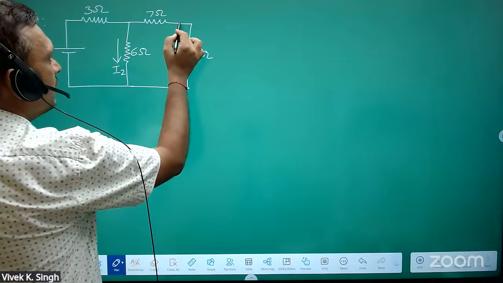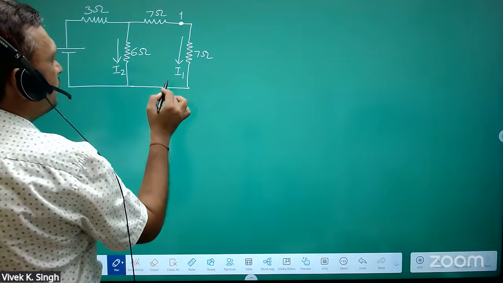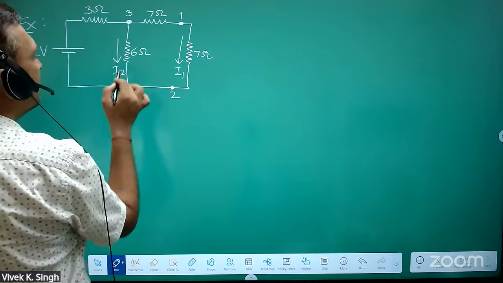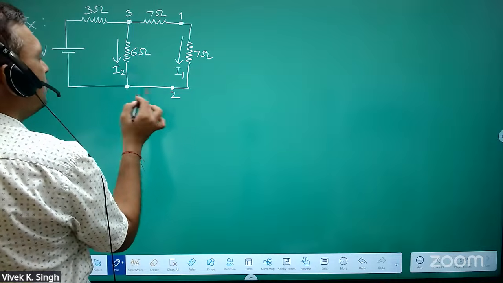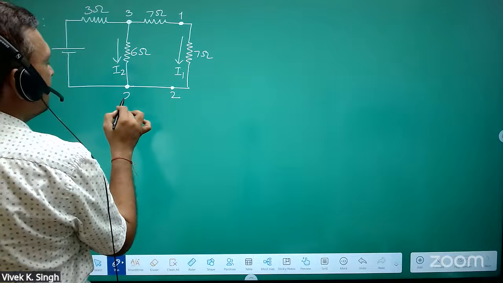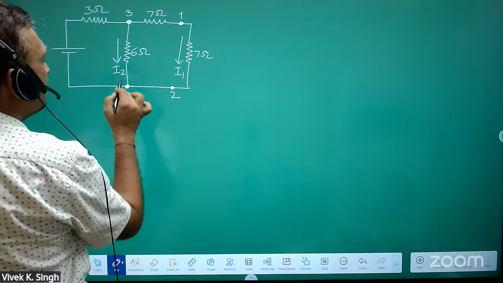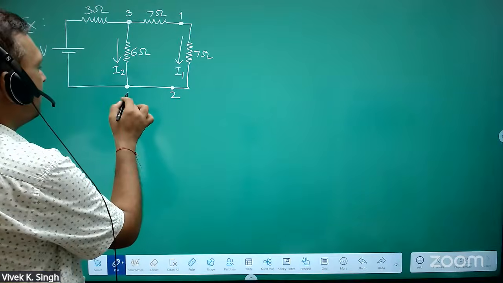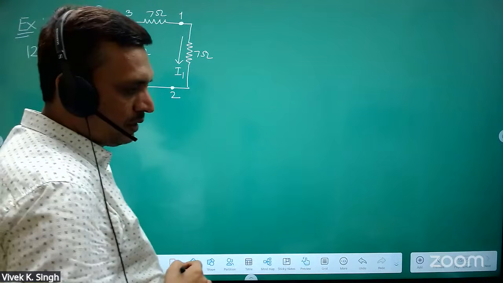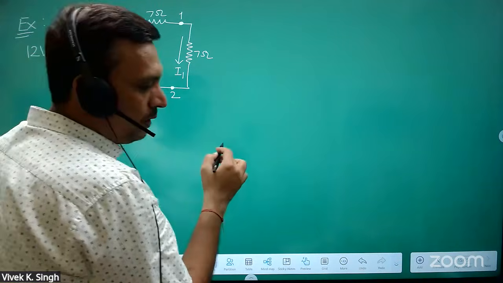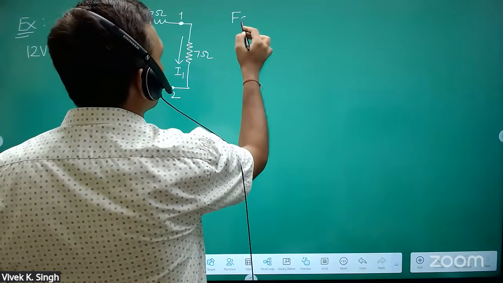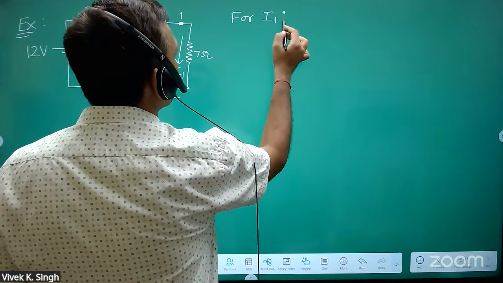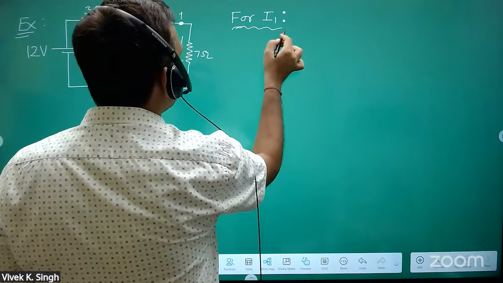So for I1, the two terminals are 1 and 2. And for the other, the terminals are, let's say, 3 and this terminal is 2 itself. This terminal will be 3, 2, or you can take 3, 4. 4 and 2 are the same. I am taking this to be 3, 4. So for current I1, what will be the Thevenin's equivalent for I1? It means the load is 7 ohm.